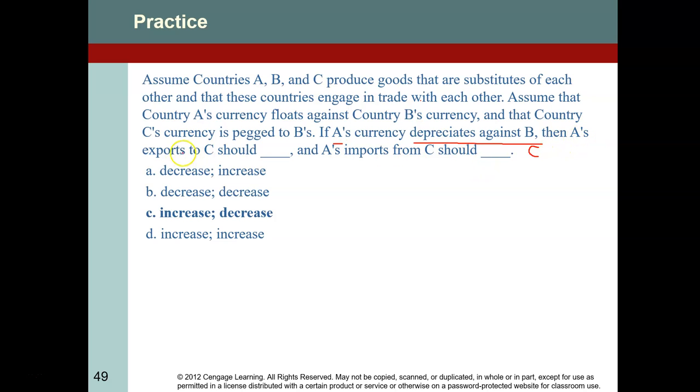Then A's exports to C should increase, because currency C is more valuable right now. There is more foreign demand, so there's more exports to C. A's imports from C should decrease, because A has less value right now, so there's less imports. Okay, the right answer is C.